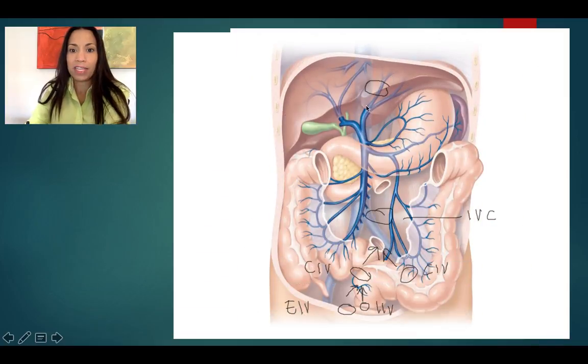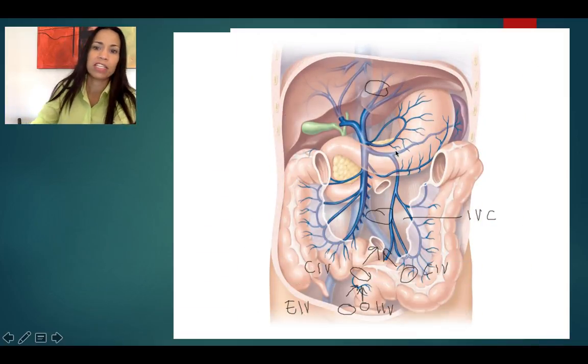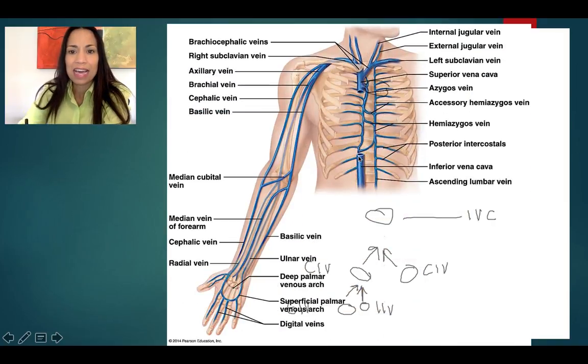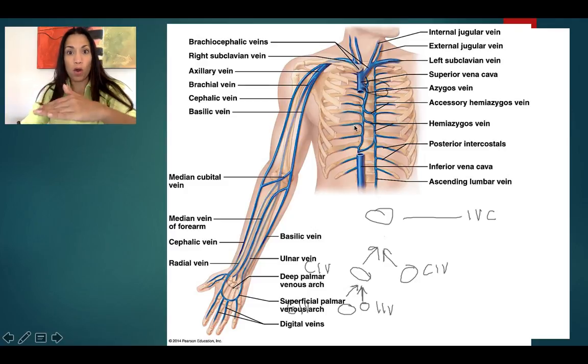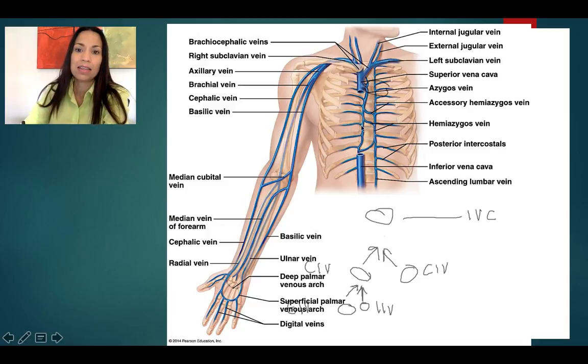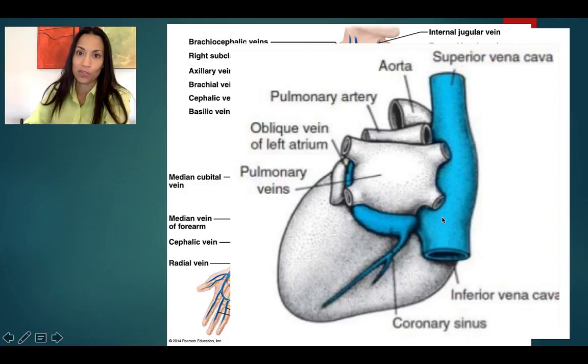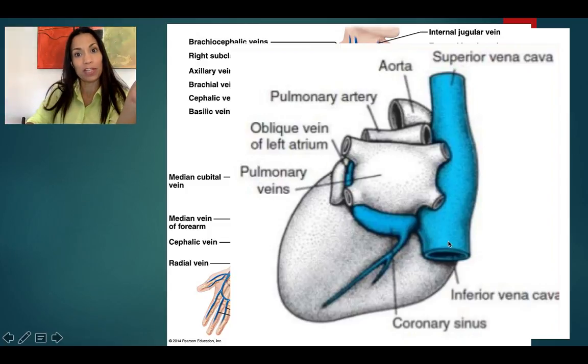In the thoracic cavity, it drains blood from some of the thoracic organs and also from the thoracic wall inferior to the diaphragm, and empties finally into the right atrium with the superior vena cava and the coronary sinus, ready to start the pulmonary circulation again.